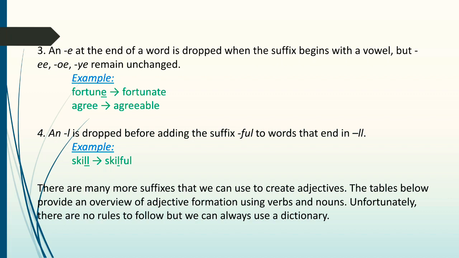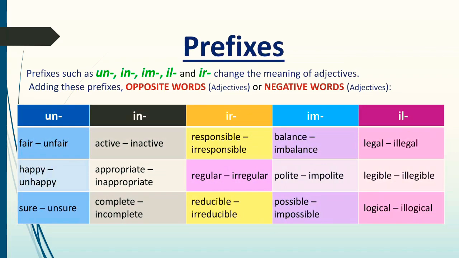There are many more suffixes that we can use to create adjectives. The tables below provide an overview of adjective formation using verbs and nouns. Unfortunately, there are no rules to follow, but we can always use a dictionary. Prefixes.